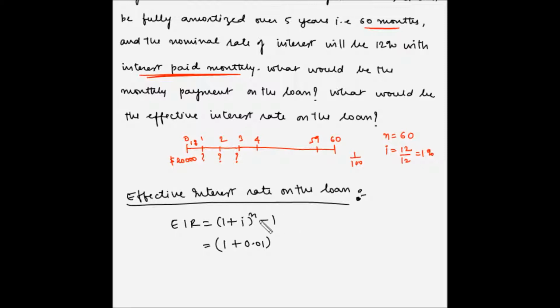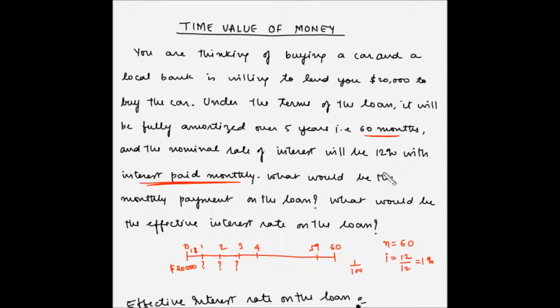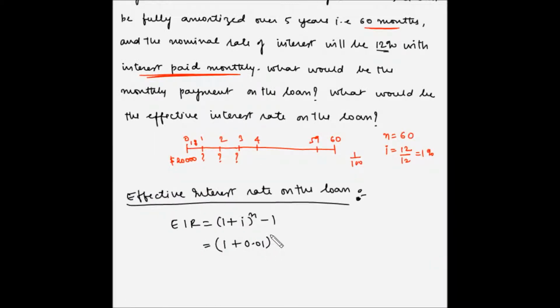So here we are trying to find out that if the annual interest rate is 12% and if this is being compounded monthly, then what is the effective annual interest rate? So here n will be 12 because there are 12 months in a year. So this becomes 1.01 to the power 12 minus 1.